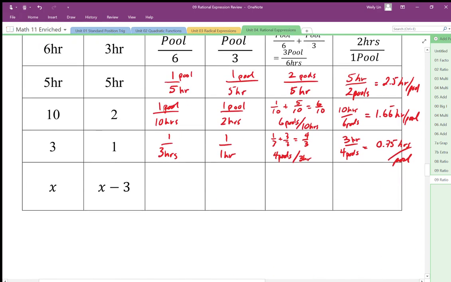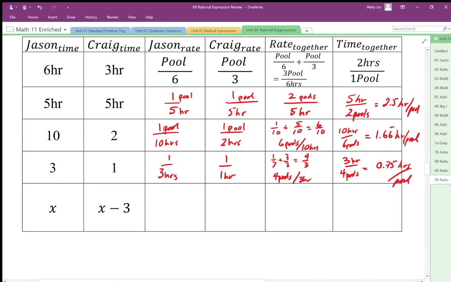The last part of this is a little bit more advanced, but essentially we could do this with variables too. We could say that Jason does 1 pool in X hours, and Craig can do it 3 hours quicker, so Craig can do 1 pool in X minus 3 hours. We add those together: 1 over X plus 1 over X minus 3.